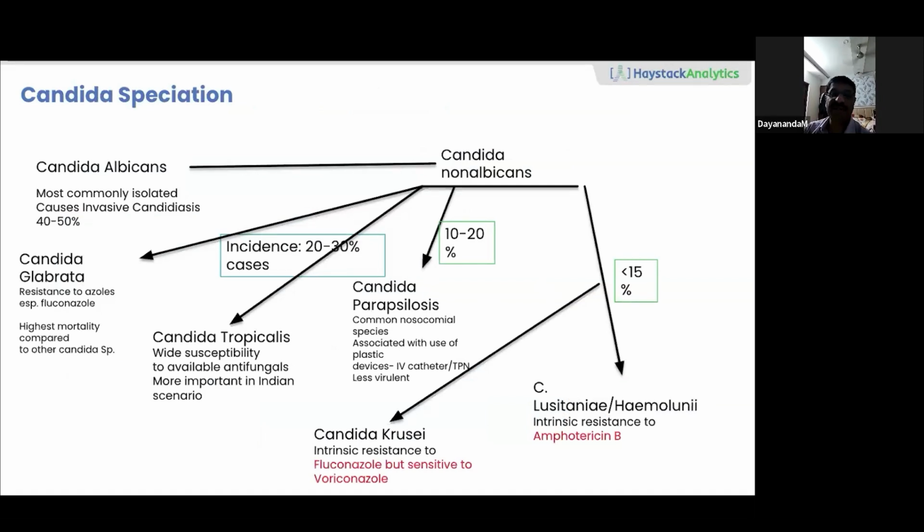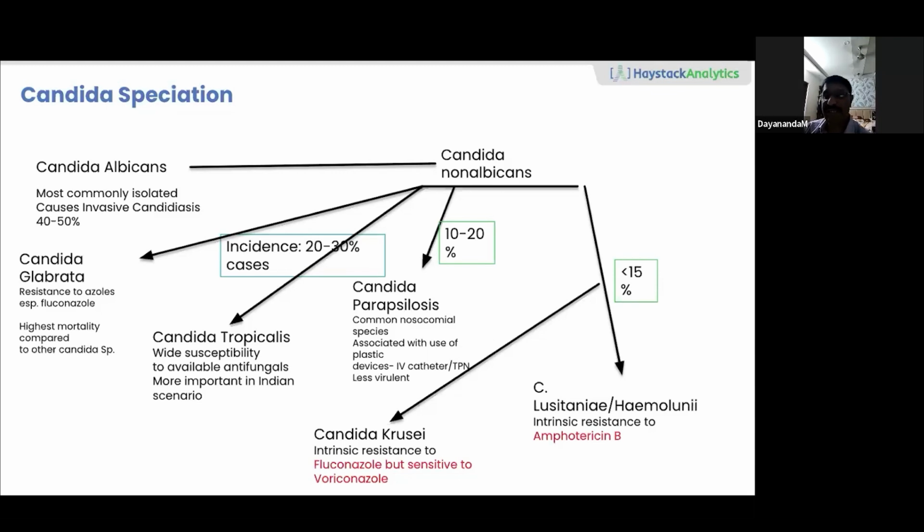Candida glabrata has one of the highest mortality rates if the patient gets this infection, and it shows some resistance to the azoles, especially fluconazole. Candida glabrata and tropicalis are responsible for another 20 to 30% of the cases. Tropicalis is widely susceptible to all the available antifungals.